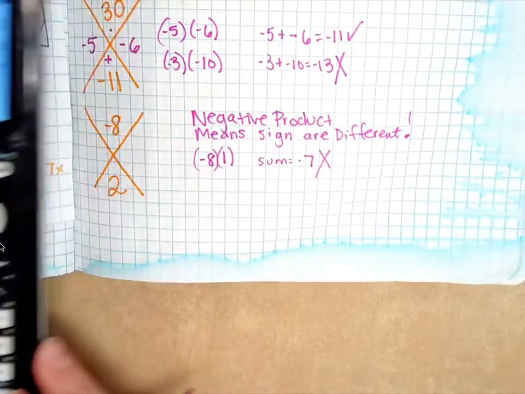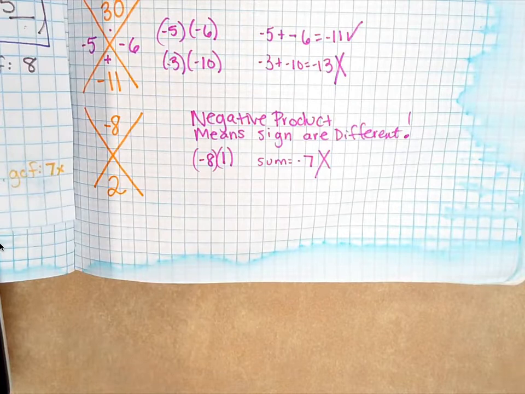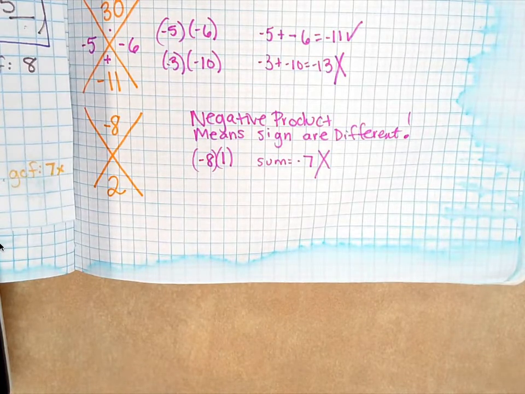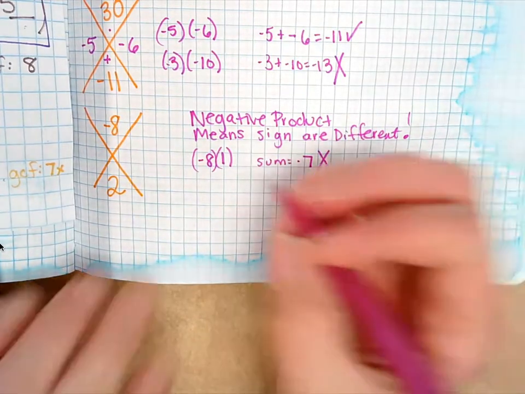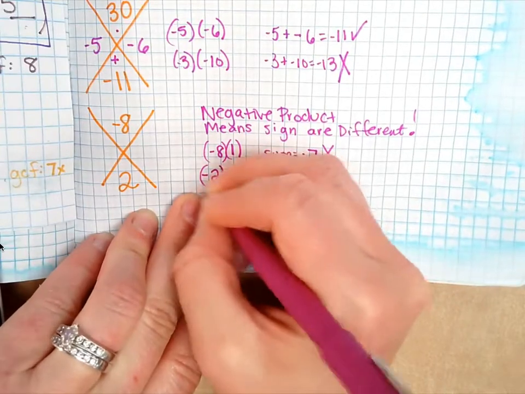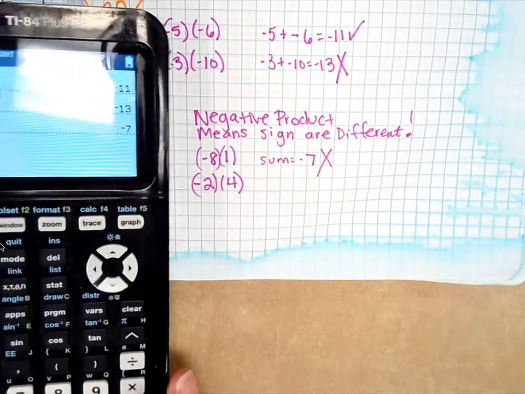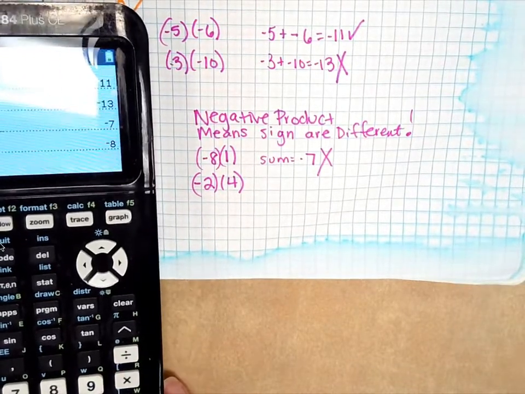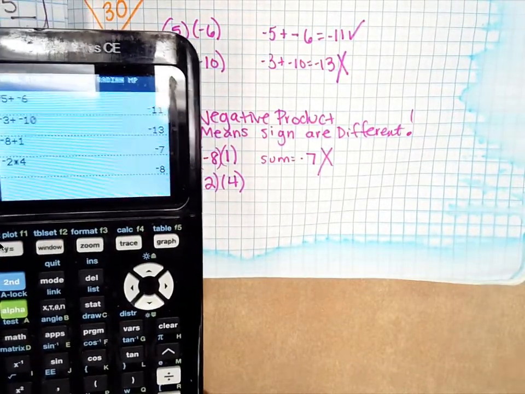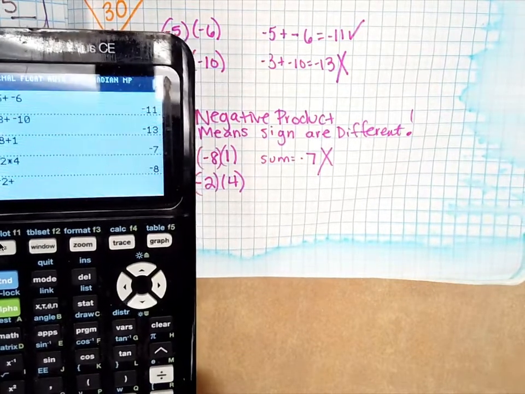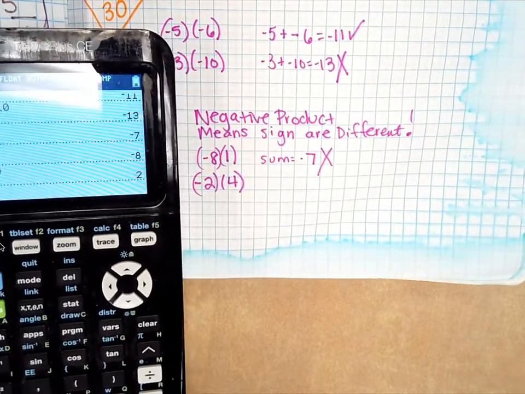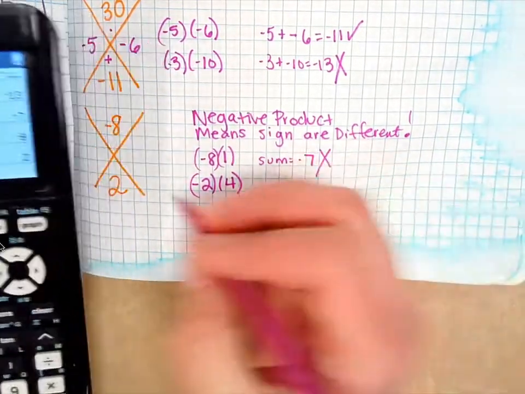We want a sum of 2. What do you think? Negative 2 times 4. So negative 2 times 4 gives us negative 8. Negative 2 plus 4 gives us a positive 2. That's perfect. That's what we want.